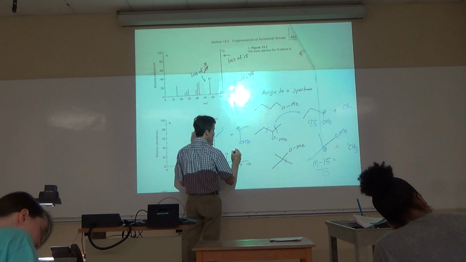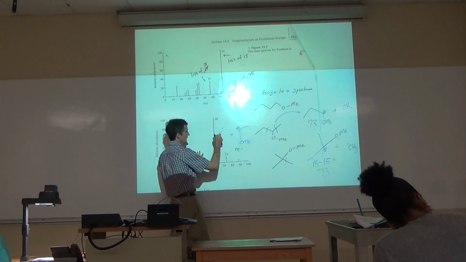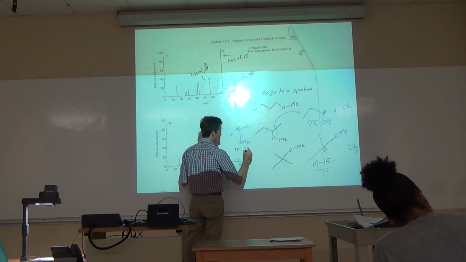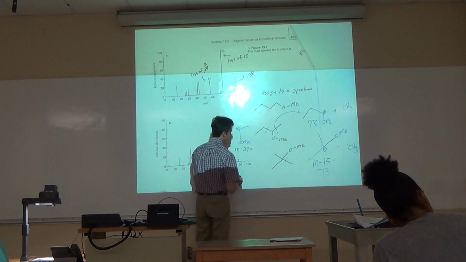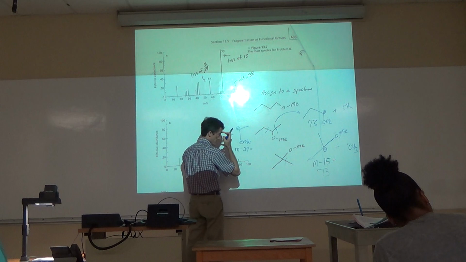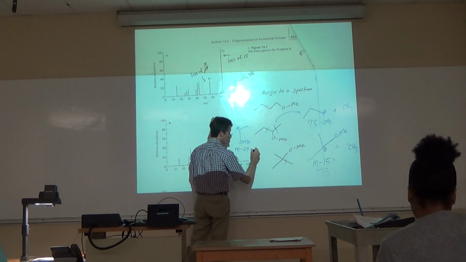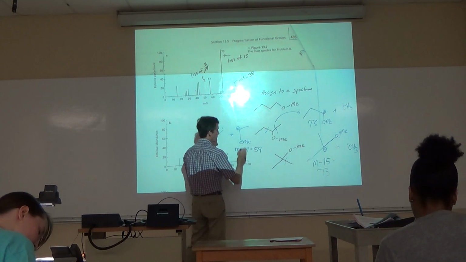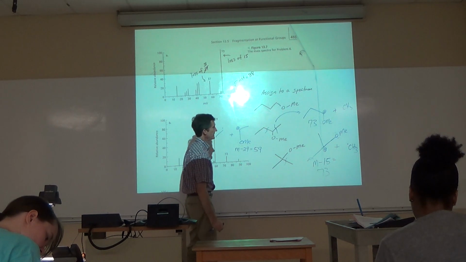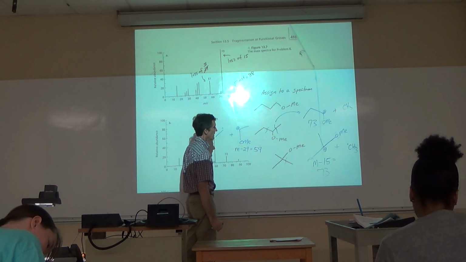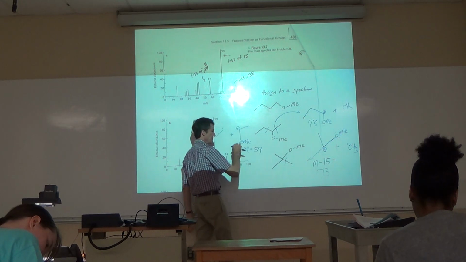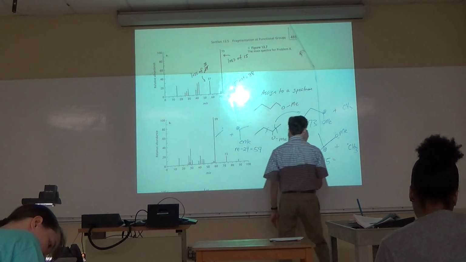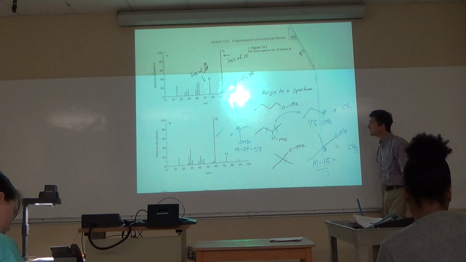What's the mass of this? M minus what? 29, which is what? 88 minus 29 equals 59? 59 expected here. Alpha cleavage up here gives 73 or 59. Alpha cleavage down here only gives 73.